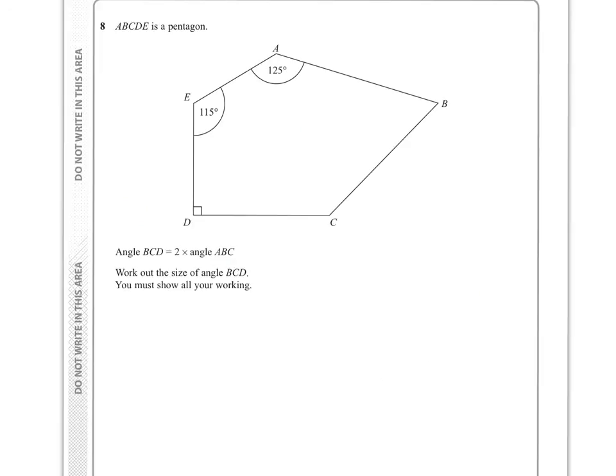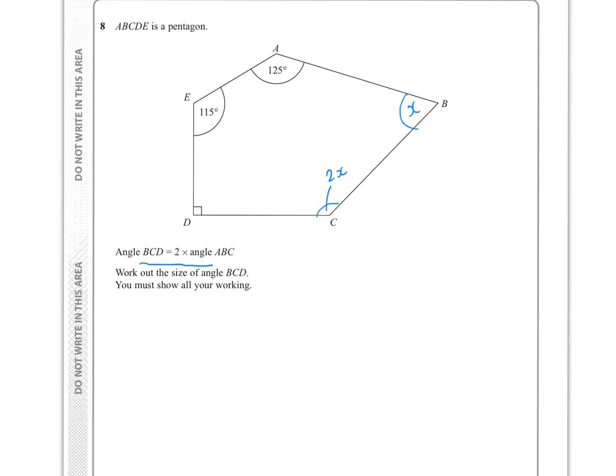Question 8. This shape is a pentagon, and it says angle BCD, this angle here, is twice angle ABC. So if we call this x, then this one is basically twice the amount. So the next thing we have to work out is that all of those angles inside must add up to something.